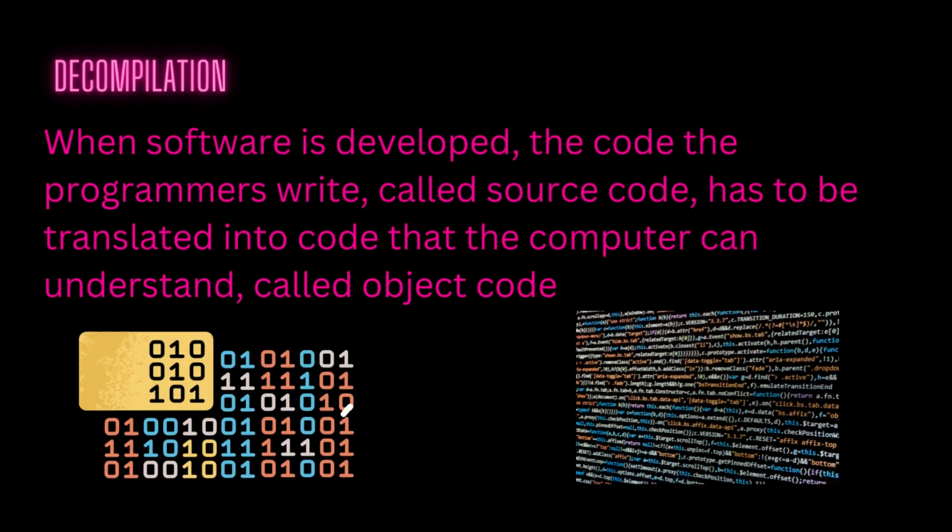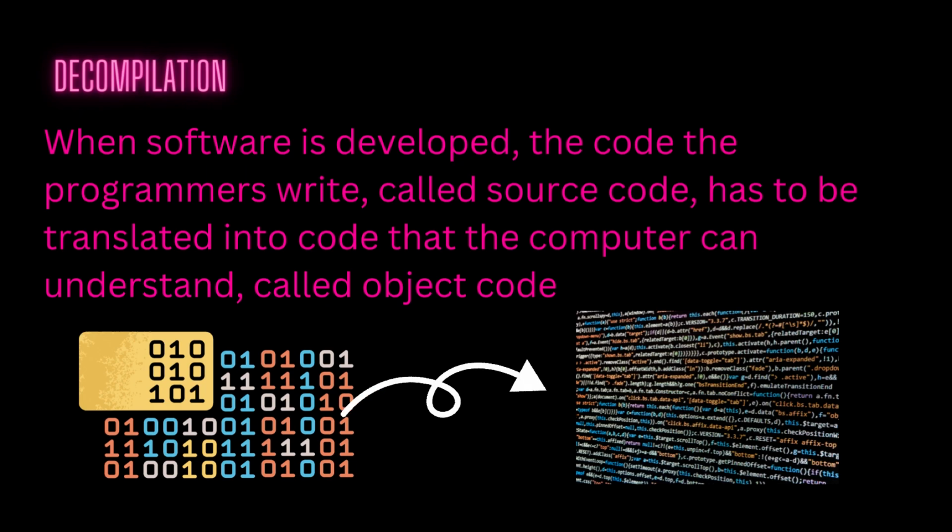So the second step is the decompilation process. As you know, when software is developed, the code that the programmer writes is called the source code, and it has to be translated into code that a computer understands, called object code. So the source code, let's say print hello world, could get translated into object code that looks like 00100, a series of zeros and ones.